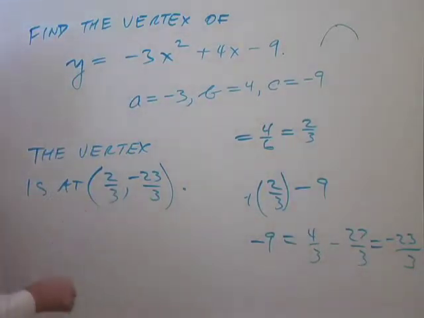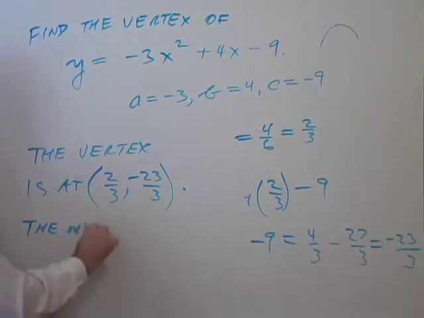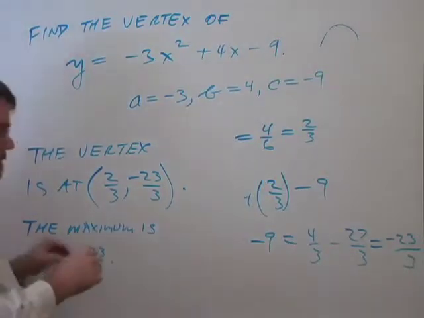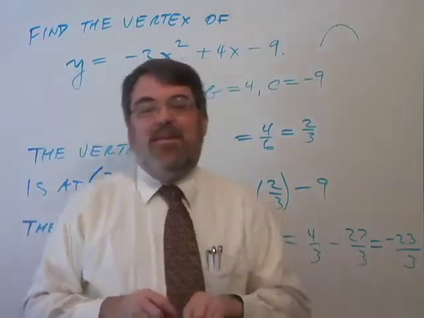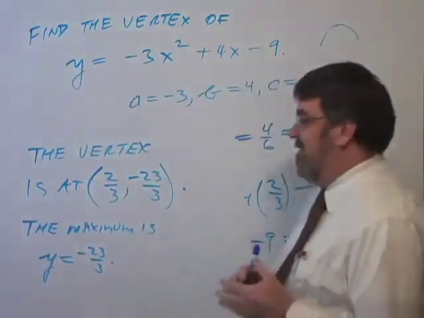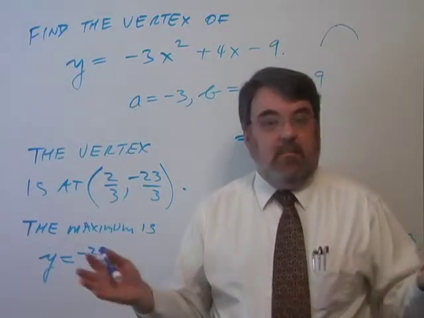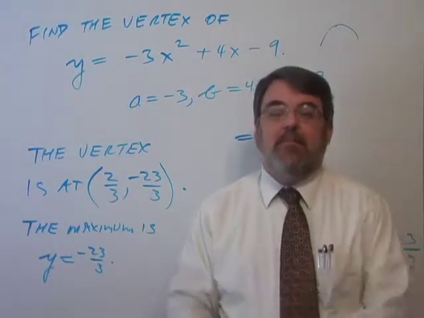So let me just write that as well. The maximum is y equals negative 23/3. All right. So in case I was asked, and it will be from time to time, to identify whether your function has a maximum or a minimum, and tell us what it is.